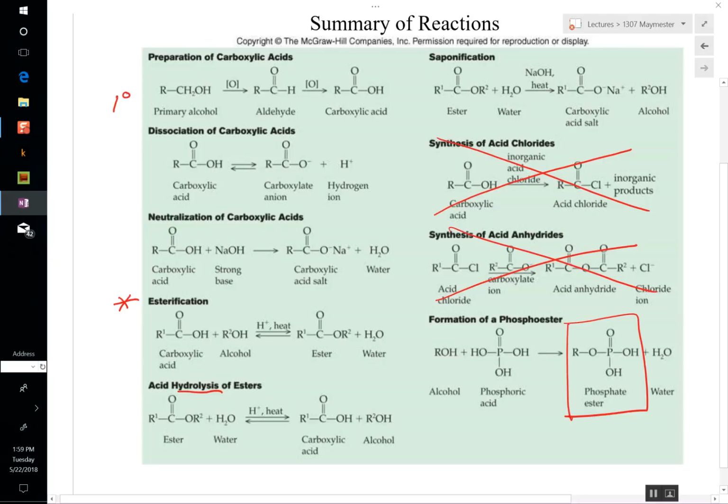Don't worry about writing out reactions forming phosphate esters. You should kind of be familiar with what a phosphate ester is. So all of these and saponification are the key things you need to concentrate on. All right?